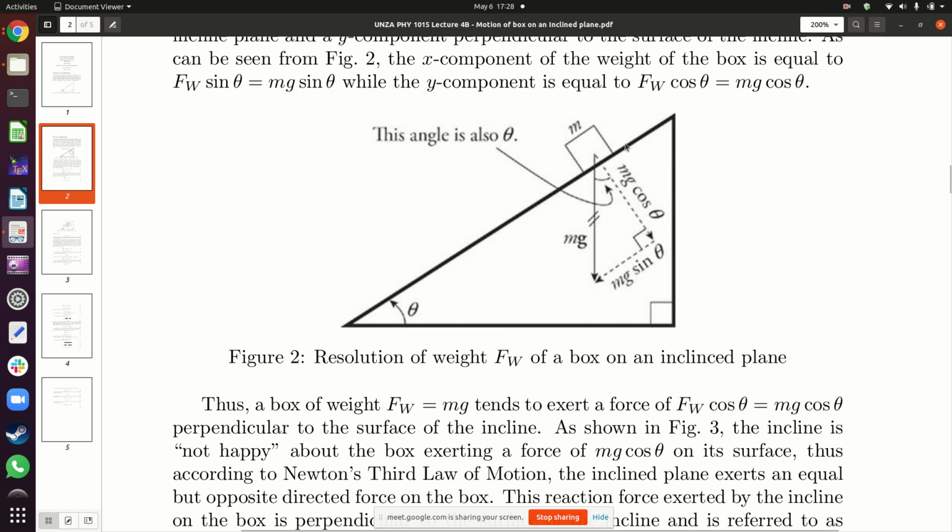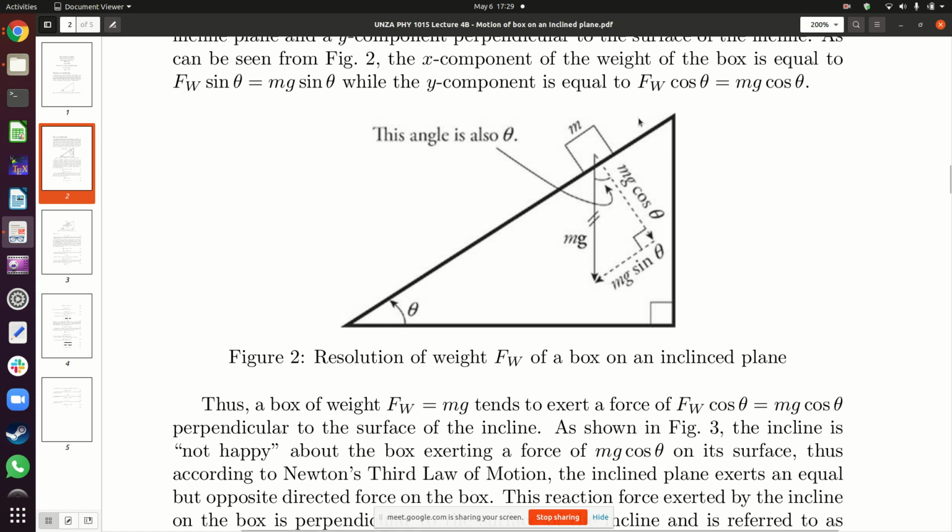If this particular object decides to slide down the incline, there is also going to be another kind of friction which is going to be acting between the incline and the object, and that is what is called the kinetic friction force. So whether the object remains motionless or the object slides down the incline, there is always friction present between the box and the incline.